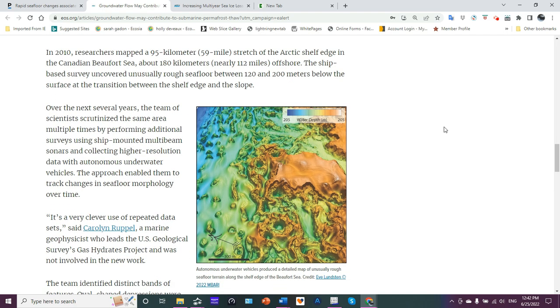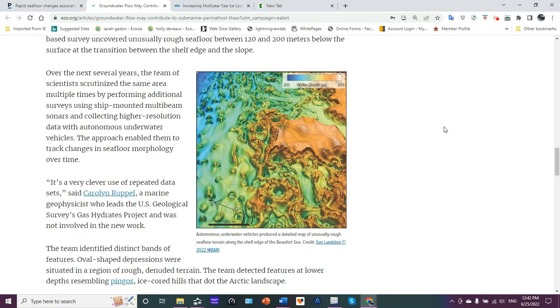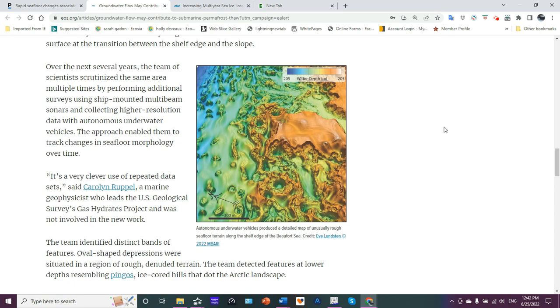So in 2010, researchers mapped a 95-kilometer stretch of the Arctic shelf edge in Canadian Beaufort Sea, about 180 kilometers offshore. The ship-based survey uncovered unusually rough seafloor between 120 and 200 meters below the surface at the transition between the shelf edge and the slope, where the rate of descent increases substantially.